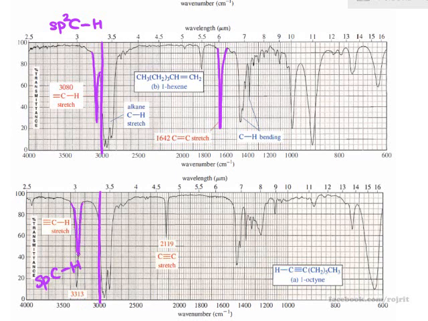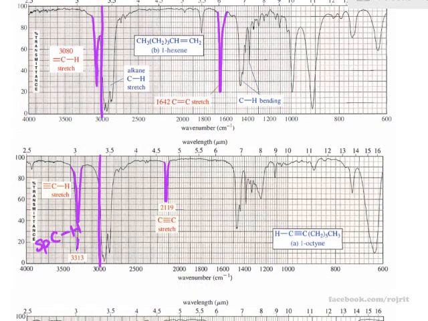And as I said, you have to double check with the triple bond carbon. If this is the actual alkyne, you would see the triple bond C≡C. So these two characteristic peaks confirm together that we have the alkyne in the structure.